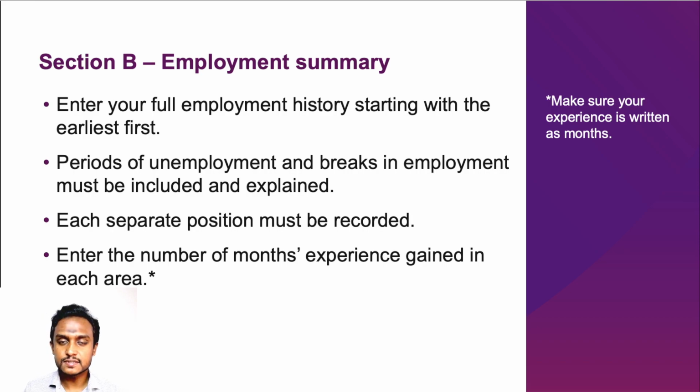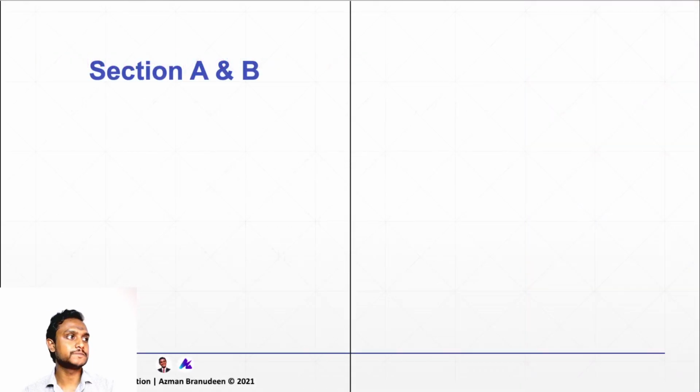Throughout the entire existing application route, the time that you've worked in any particular employment tenure has to be given always in months. Don't write 1 year, 2 years, 3 years. Always make sure that you write it in equivalent months of work.